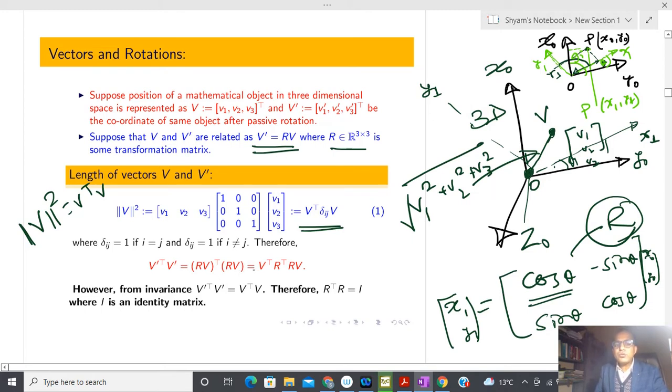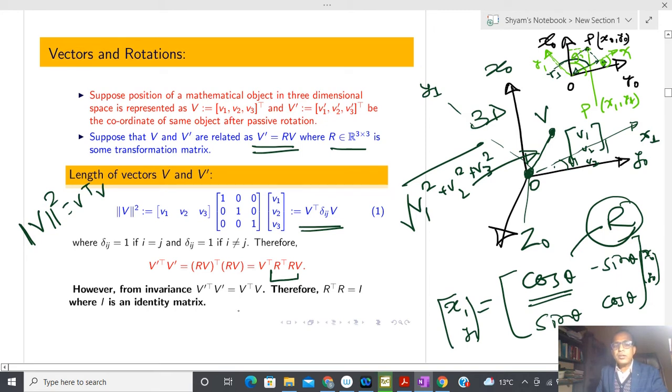If you substitute, you can see that even if the coordinate system rotates, the length is going to remain constant. Length is not going to change, and due to that reason there is only one possibility: R transpose R should be the identity. Then only length remains invariant. Or you can say in another way, length is a scalar quantity.